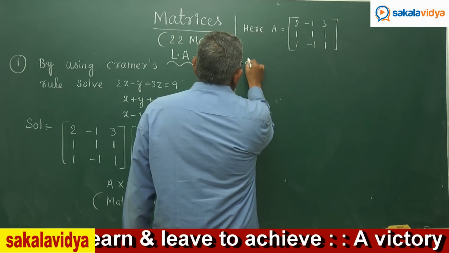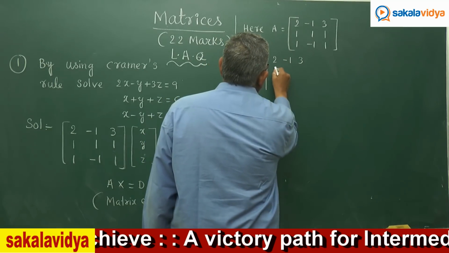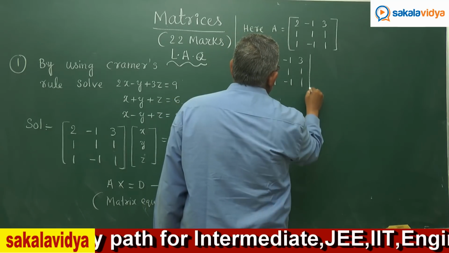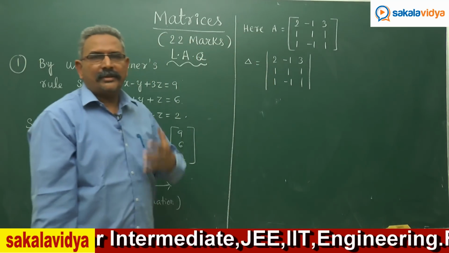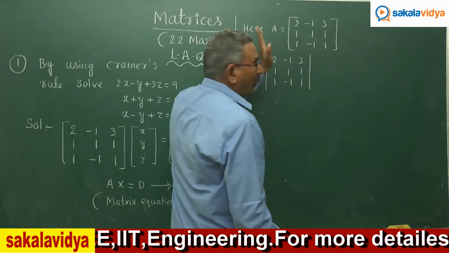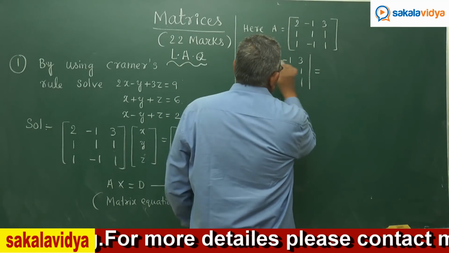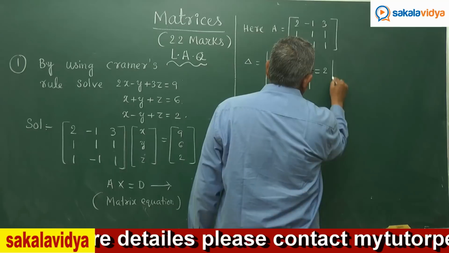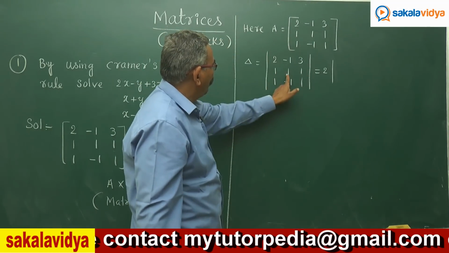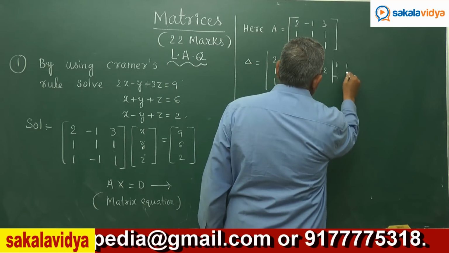So, delta is the determinant of 2, minus 1, 3, 1, 1, 1, 1, minus 1, 1. Let us find the determinant of this 3 by 3 matrix. That can be done taking any row or any column by expanding. Here 2 multiplied by the determinant of its cofactor. Its cofactor means deleting this row, this column: 1, 1, minus 1, 1.